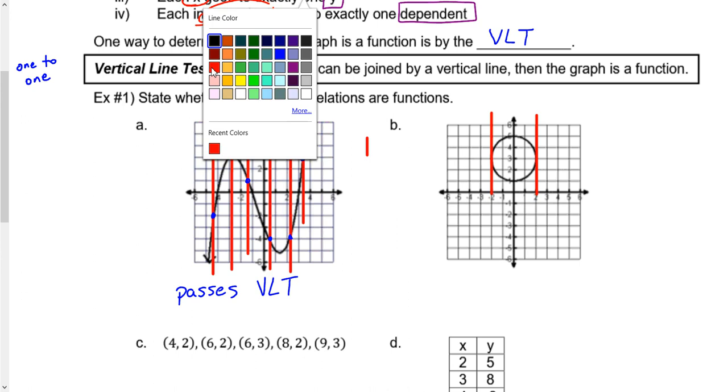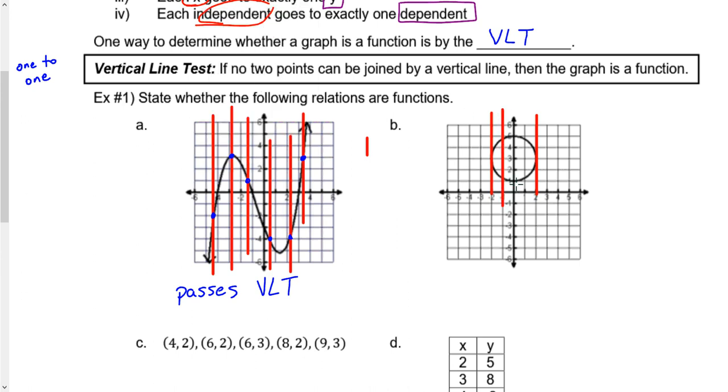But as soon as I make a line anywhere in between -2 and 2, like there and there, or anywhere, here I'm only touching the graph once, but here I've touched it twice.